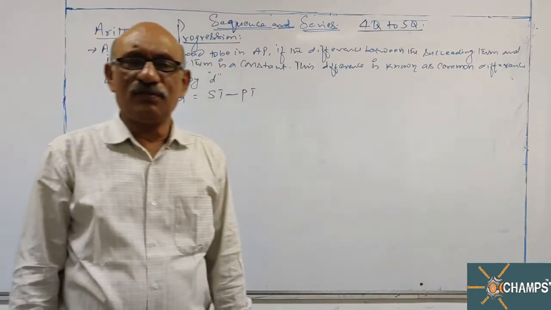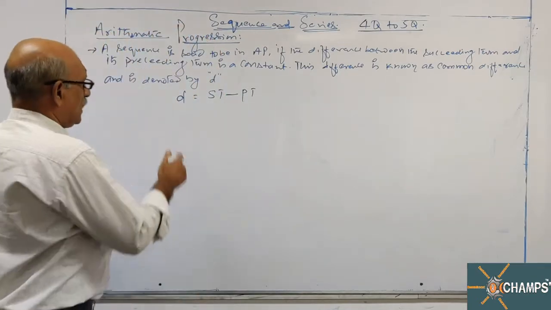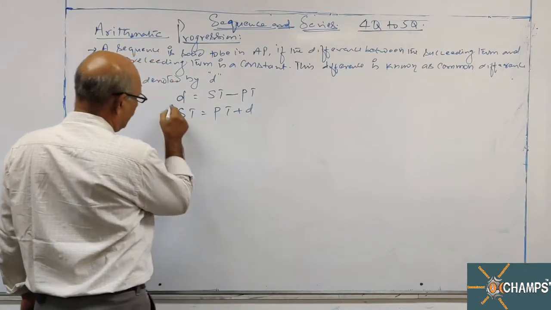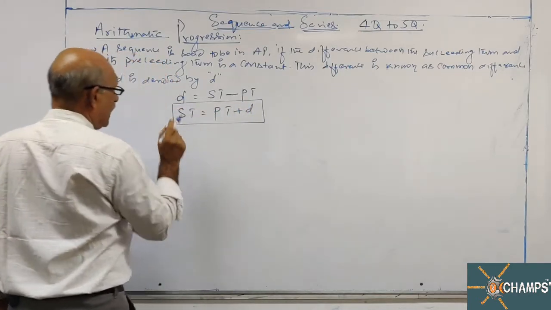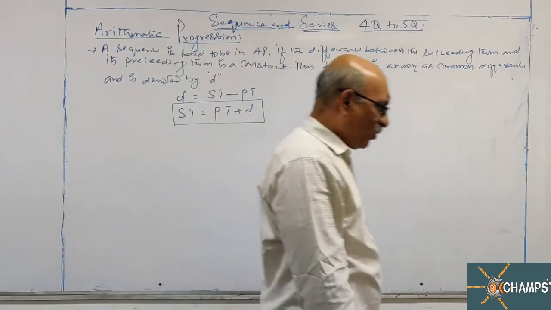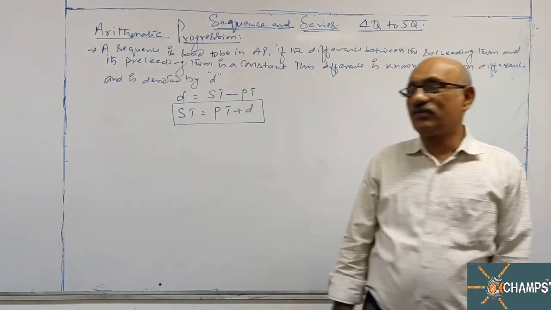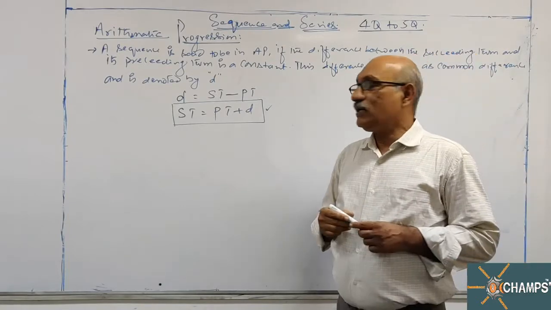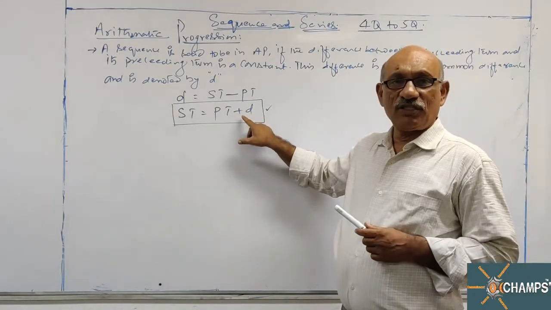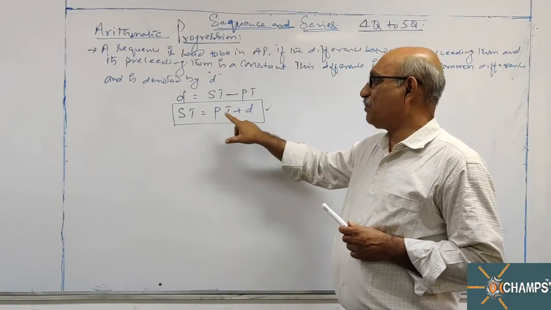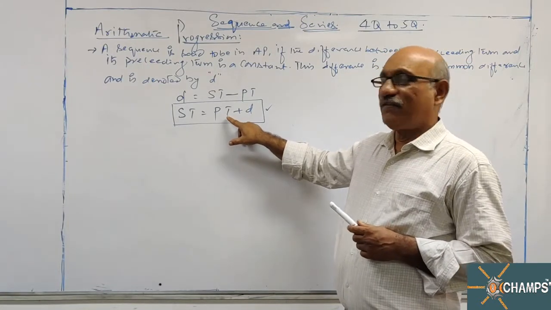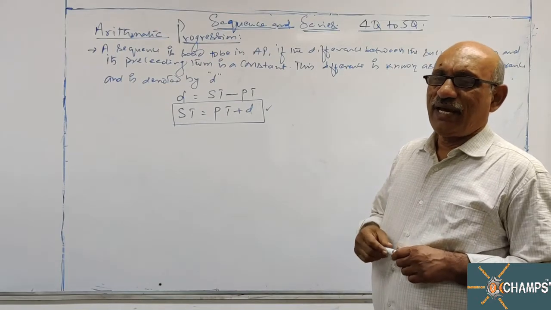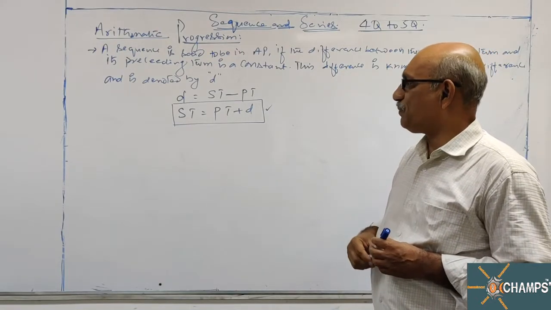So succeeding term is equal to preceding term plus common difference. Notice this point. In an arithmetic progression, succeeding term is obtained by adding the common difference to its preceding term.